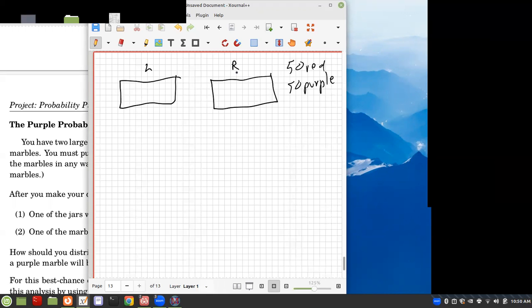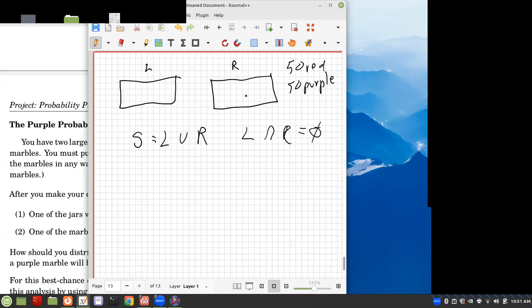You could use those two events as a partition of the sample space, where this event is that you chose a marble on the left, and this is the event that you chose a marble on the right. So the sample space is the union of these two events, and the intersection is the empty set. So this is a partition of the sample space.